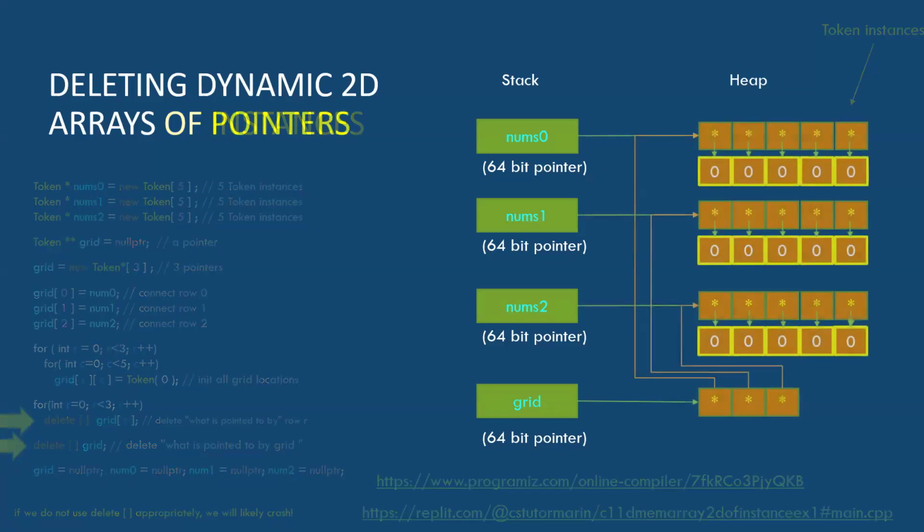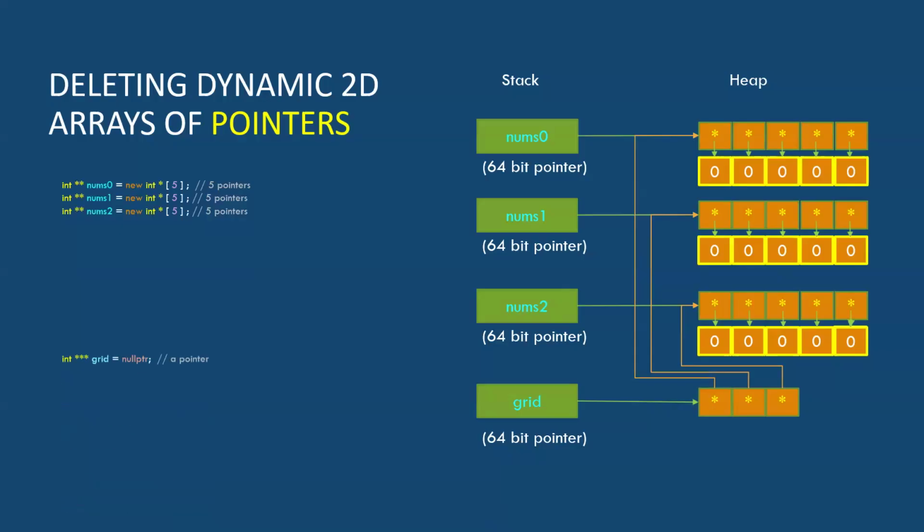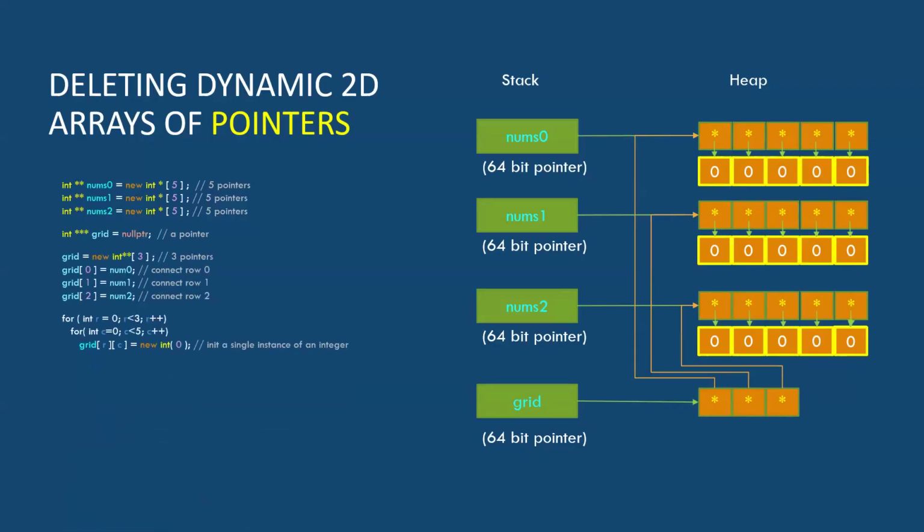Okay, so pretty similar stuff. One last representation of it. This is all a little insane, I realize, but just showing you all the different variations. So I did something silly here and just hooked up integers. I put a new integer hanging off of every pointer. This is like homework 5. So now I go through and I want to delete individually the integers. Notice that's in that inner loop.